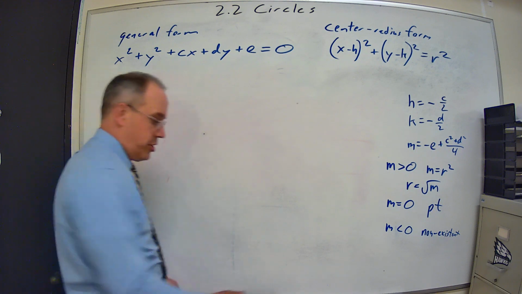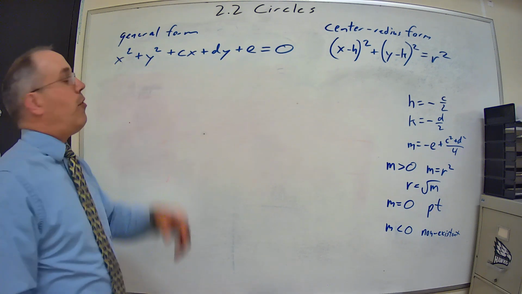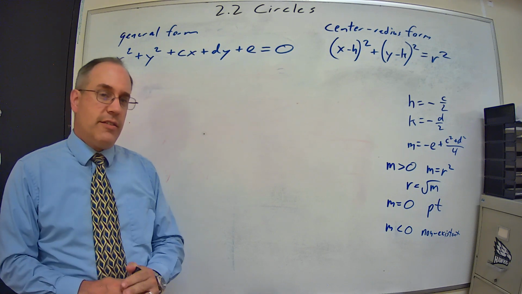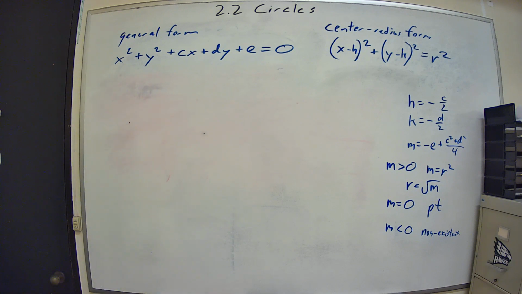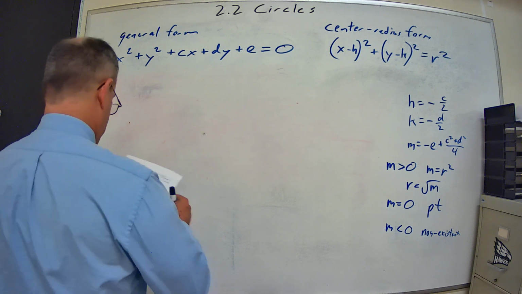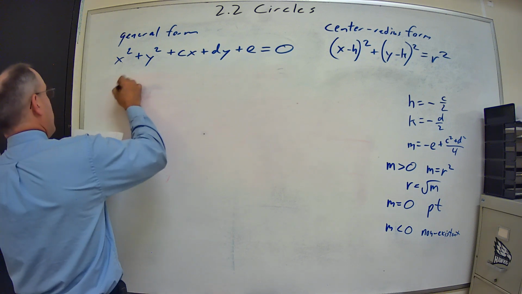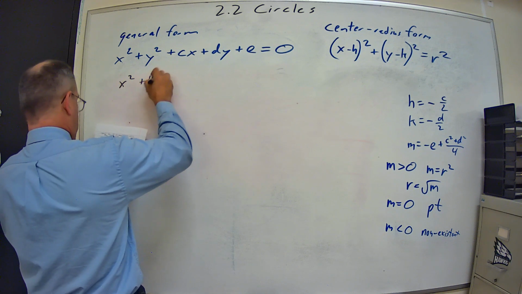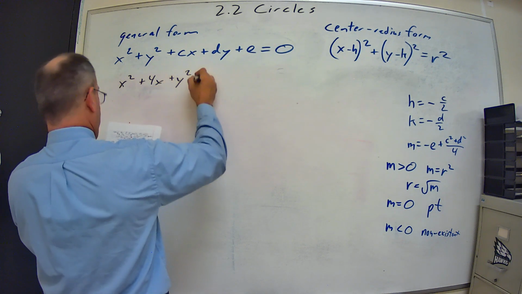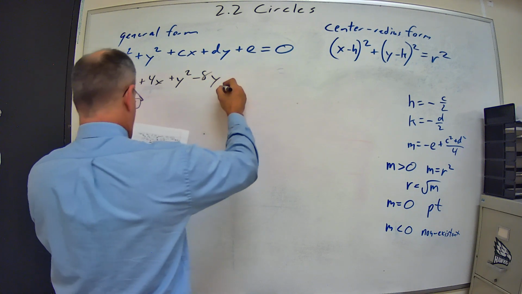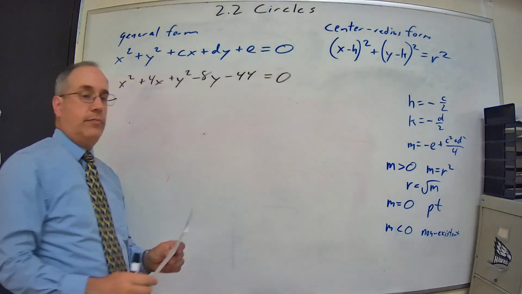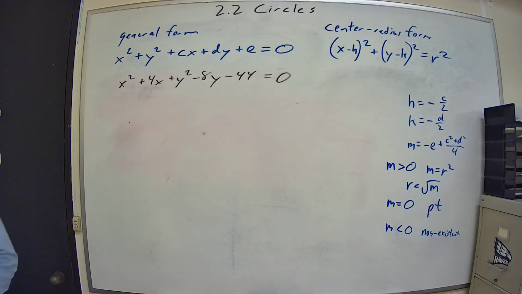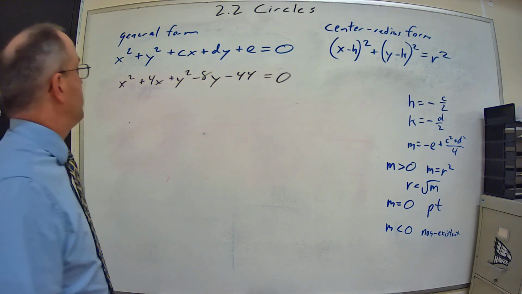So let's put up an equation in the general form and see whether it's a circle, and if it's a circle, what its radius is. x squared plus 4x plus y squared minus 8y minus 44 is equal to 0. So we have an equation.